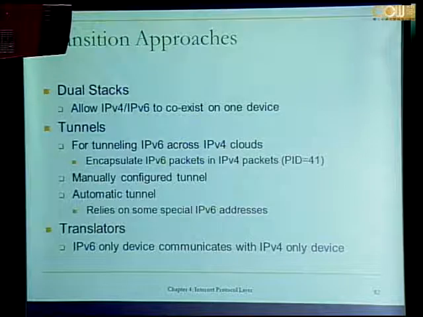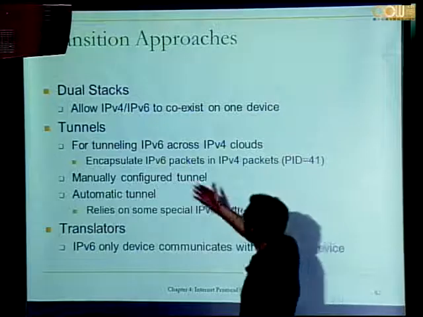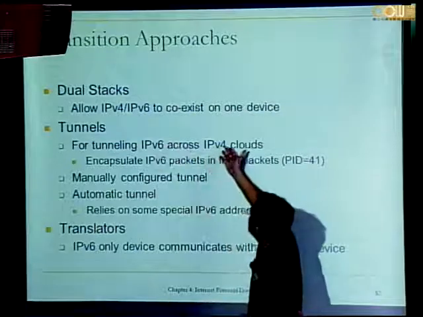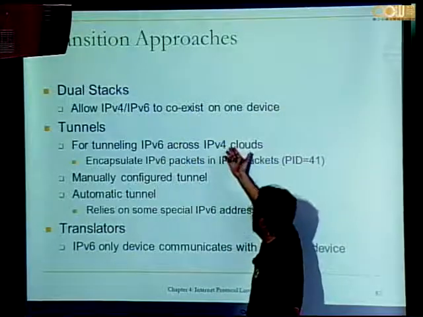Or the other way around, you might have two end hosts which are IPv6, but going to traverse through an IPv4 network. Then what do you want to do? For example, in this configuration, the end hosts are v6. I need to traverse across a v4 network.